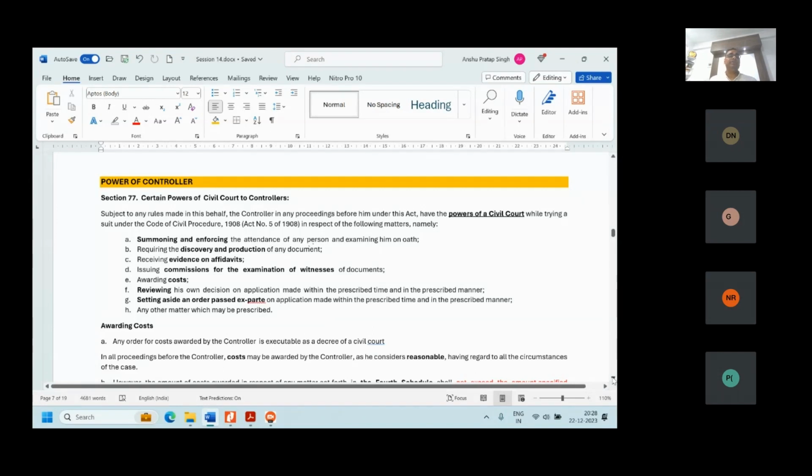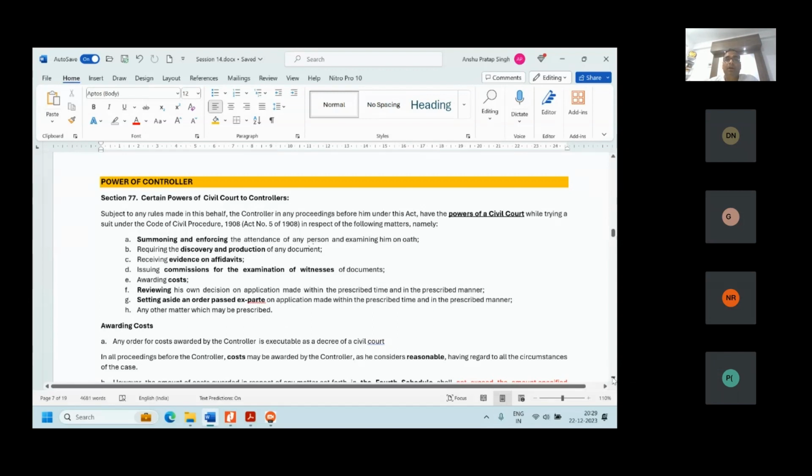Now, Section 77, what are the powers of a civil court? First thing it says is that the controller will have the powers of a civil court. Whatever powers a civil court has while trying a suit under the CPC, the same powers will be held by the controller. And what are those matters? They can examine anyone on oath.